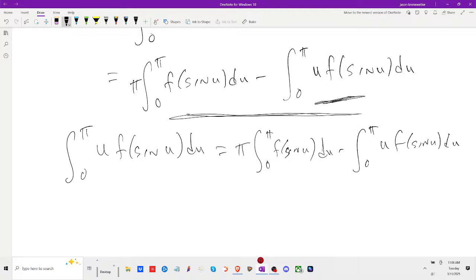Okay, and actually, you know what I want to do? I want to make this one x over here. So I'm going to make this equal to x. It doesn't matter, but that is truly what we started with. So let's make all those x's instead, because it doesn't matter. But that is what we started with.